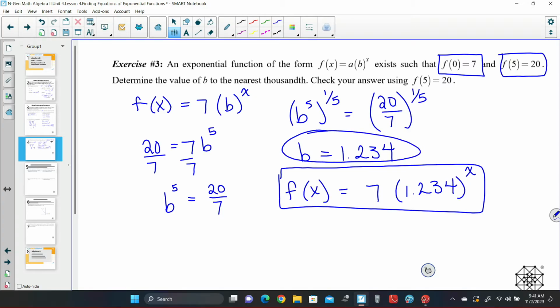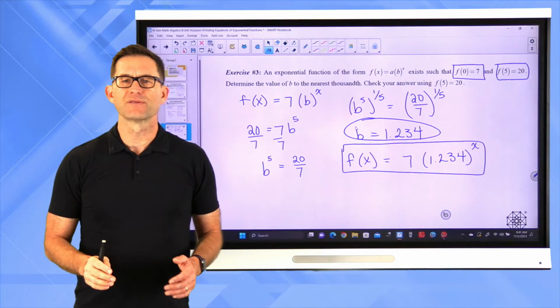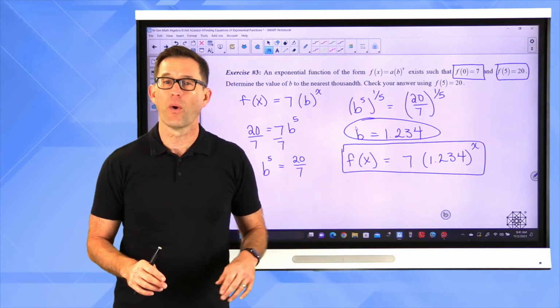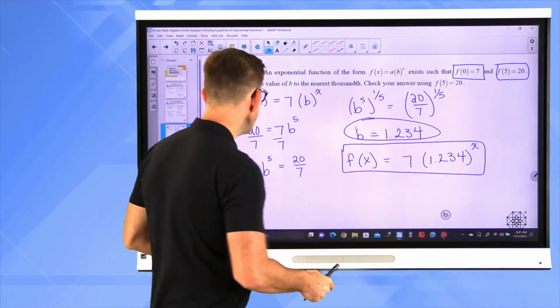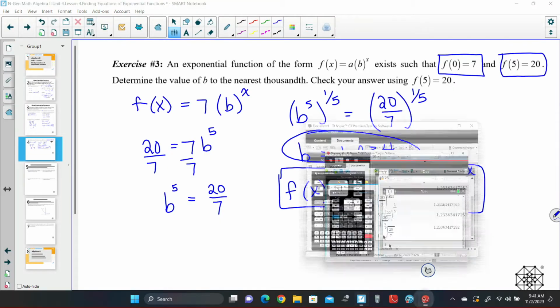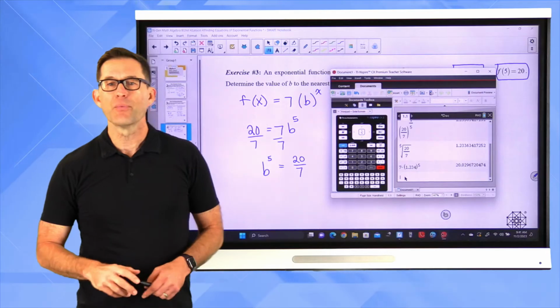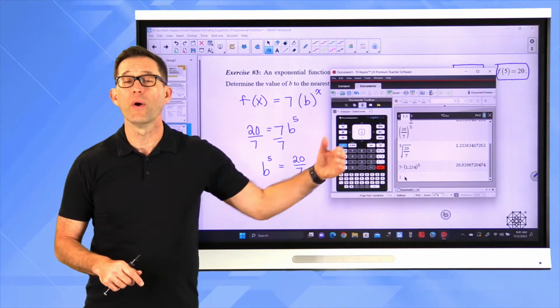The last thing that they asked us to do is to check our answer using f of 5 equals 20. So let's see what f of 5 is really quick. f of 5 is going to be 7 times 1.234 raised to the 5th. And if I do that, what I get as an output is 20.02, etc.